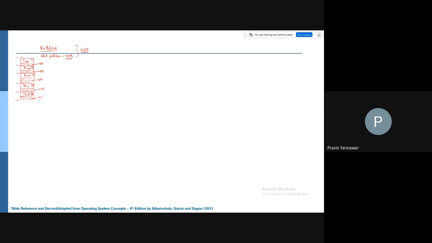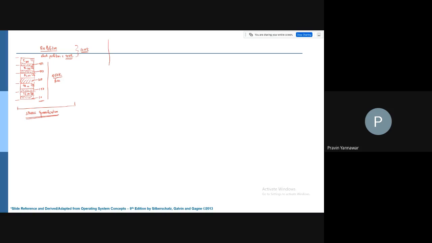If we sum all these together, we'll find that 100, 100, 200, 200, 200, 400, and 450. So we have got 450k free. Now, if we consider this specification as a static specification, the partitions are of fixed size.